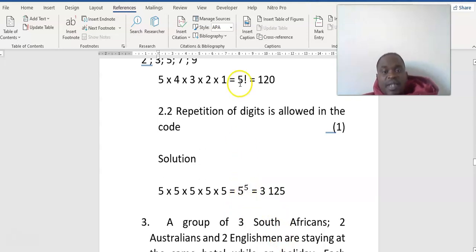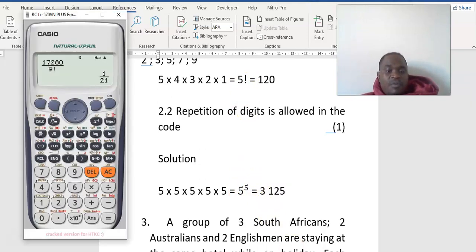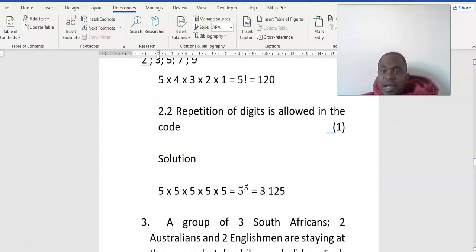This is not 5 factorial. This is 5 factorial, and this is 5 to the power 5. I know this one is not a problem for us. 5 to the power 5 gives us this value. Okay.